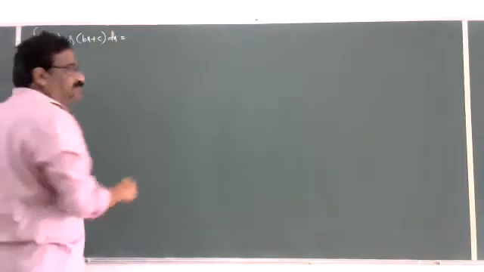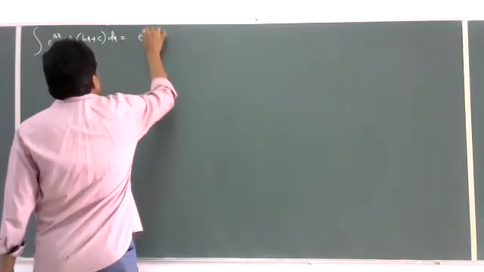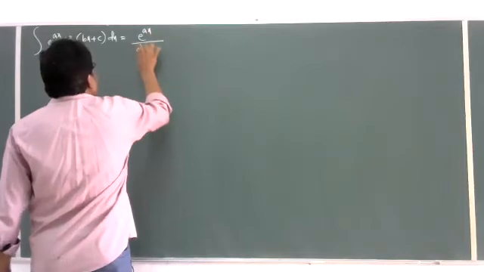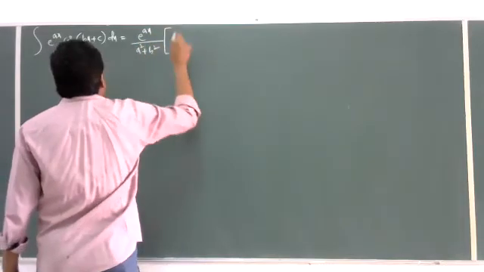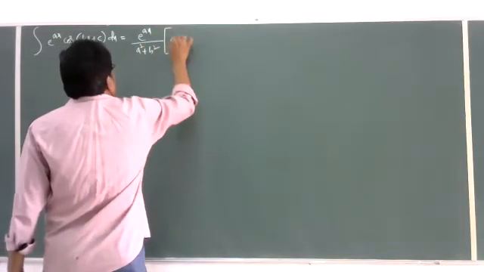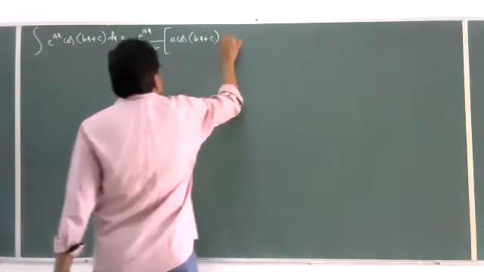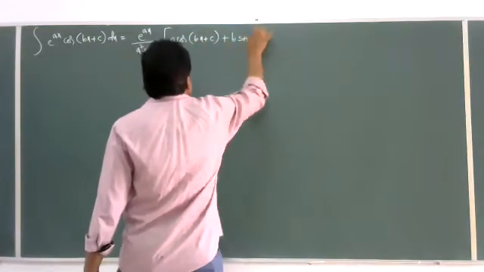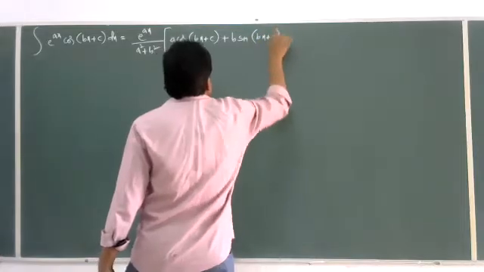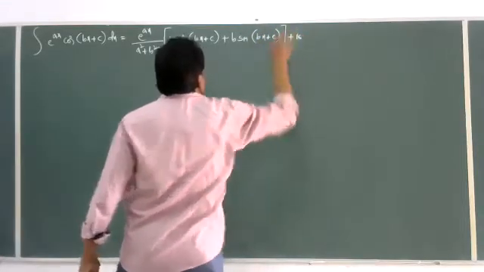What is the formula? e power ax by a square plus b square into a cos of bx plus c plus b sin of bx plus c plus k.